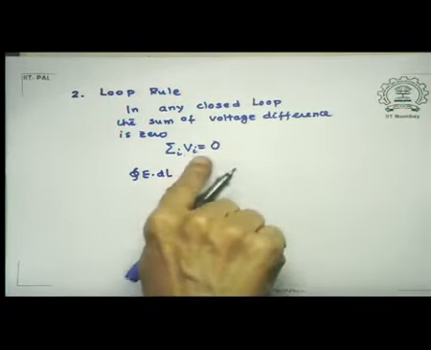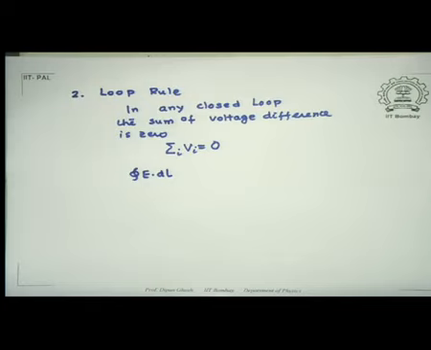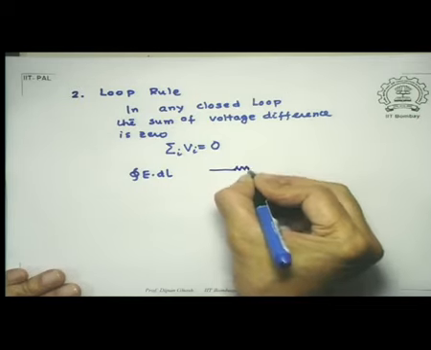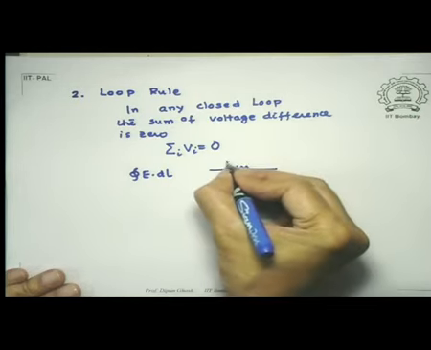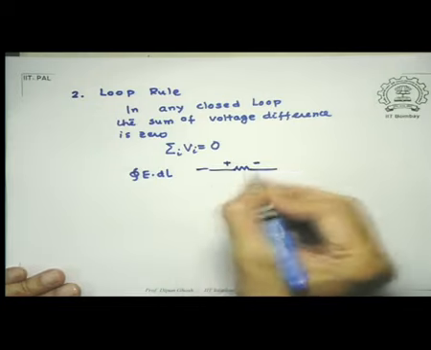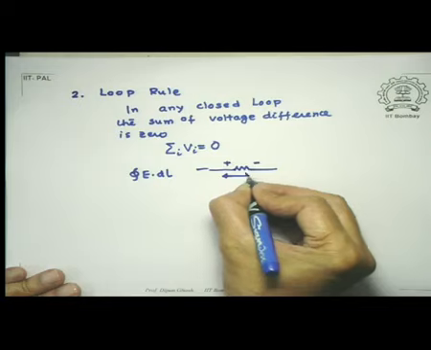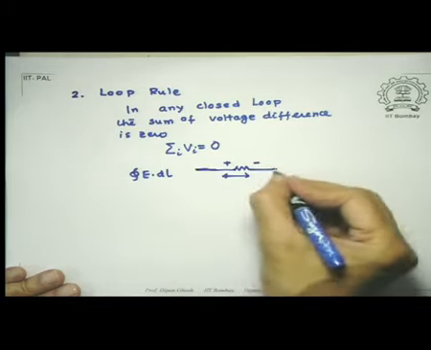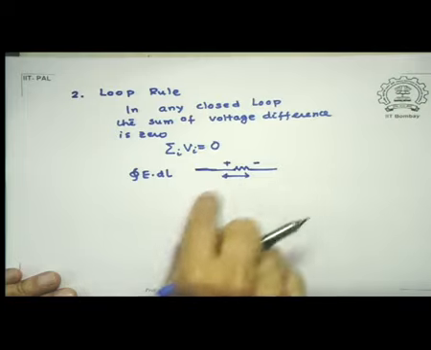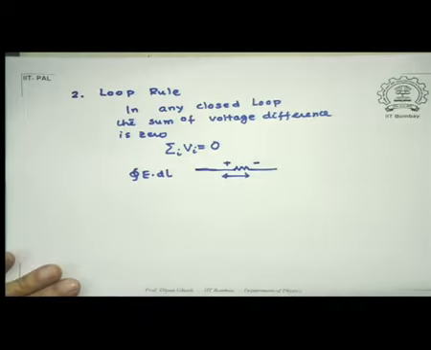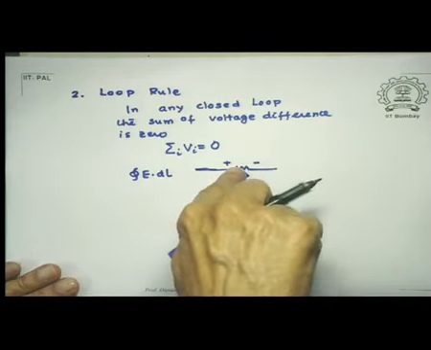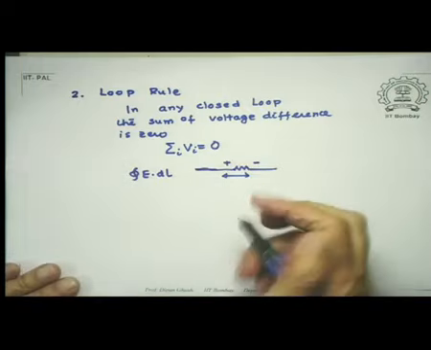Suppose I have a resistance. This end is positive, this end is negative, in the sense that if the current is flowing like this, the direction is such that the positive end is connected to the positive terminal of the battery.